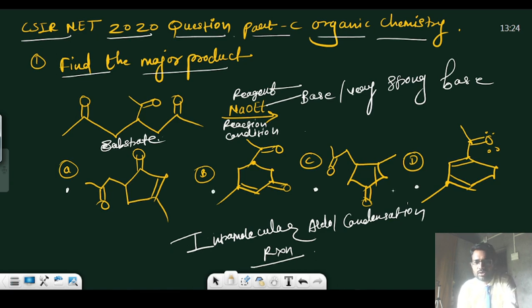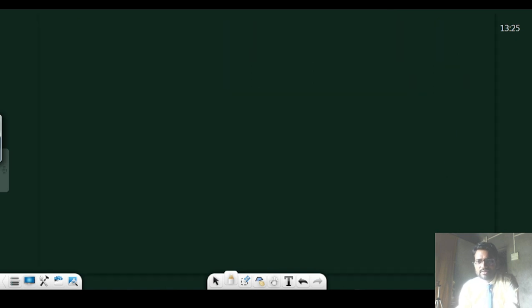We need to find out the major product of this particular reaction. So I will take a new slide and discuss the mechanism. What is the substrate? Substrate is this.